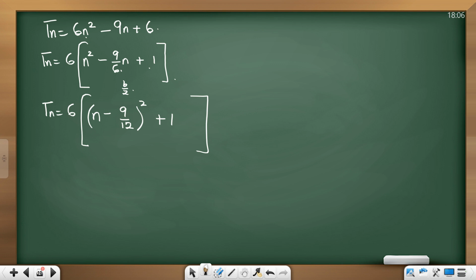I'm taking you back to functions. This is how we do functions. But what's the next step? I am going to square and subtract. What is 9 over 12 squared? 9 times 9 is 81. 12 times 12 is 144.